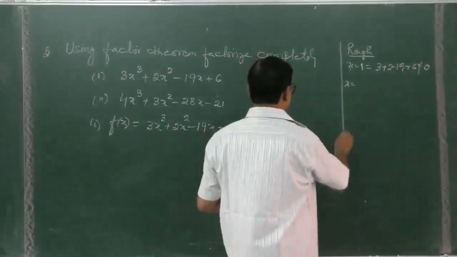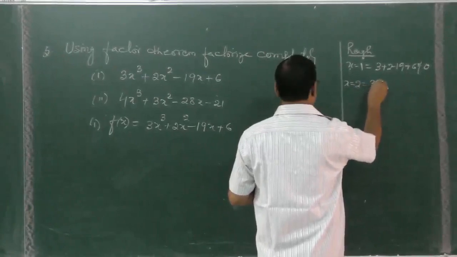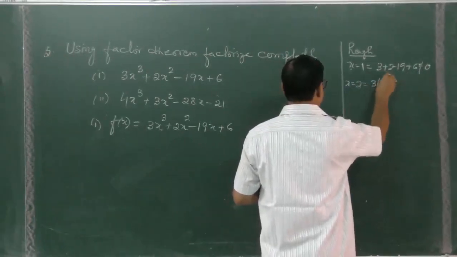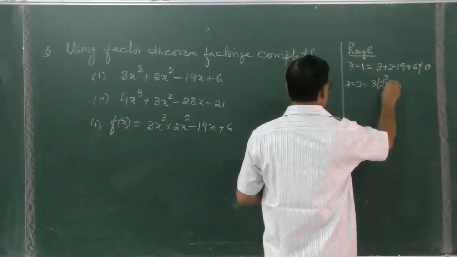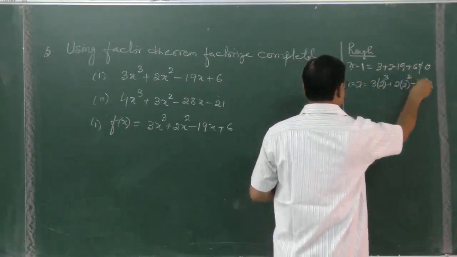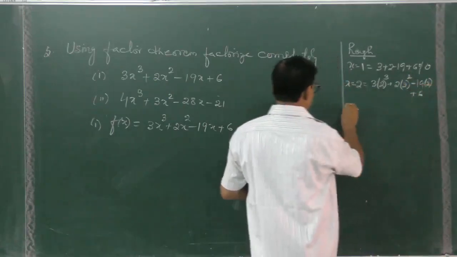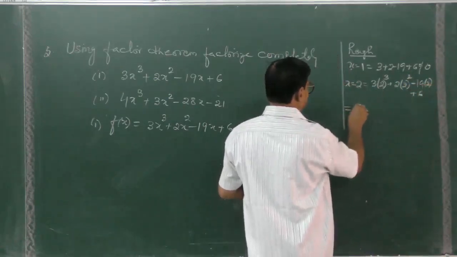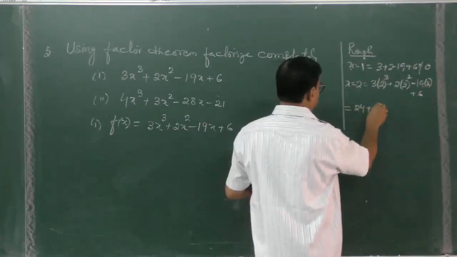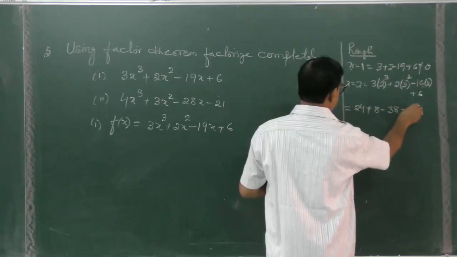Try with x equal to 2. So this is 3 into 2 cube plus 2 into 2 square minus 19 into 2 plus 6. So this is 24 plus 8 minus 38 plus 6.